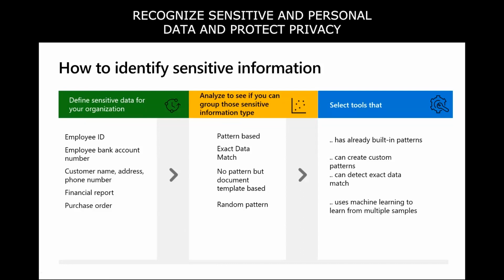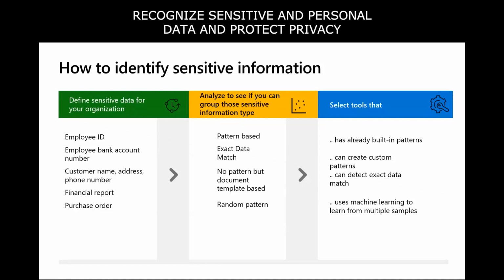There is also data with no pattern, but maybe a document template is your sensitive information, okay? And then there is some data or information that has absolutely no pattern. It's absolutely random.